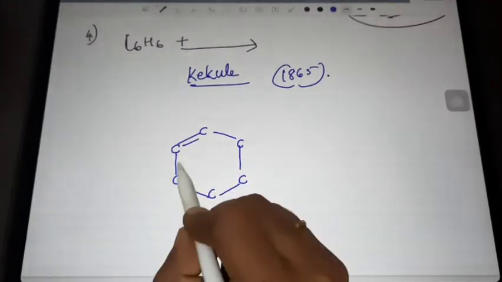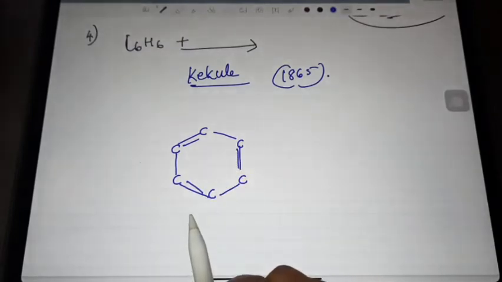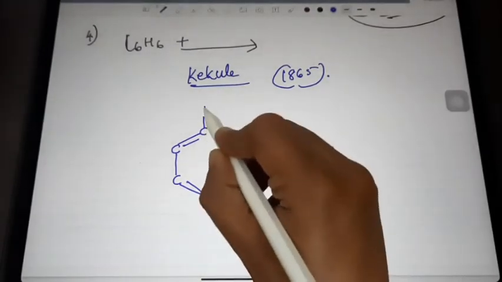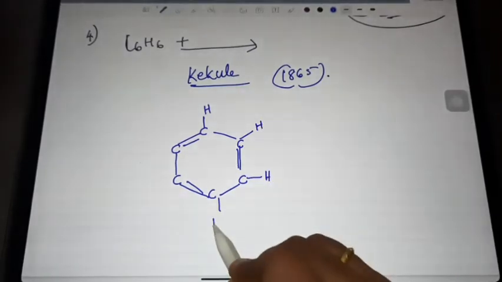When there is a double bond here, then a single bond, then a double bond, then a single bond, then a double bond, likewise. And one hydrogen atom is attached to each carbon atom. In every carbon atom, there is one hydrogen. This is Kekule's proposed structure.